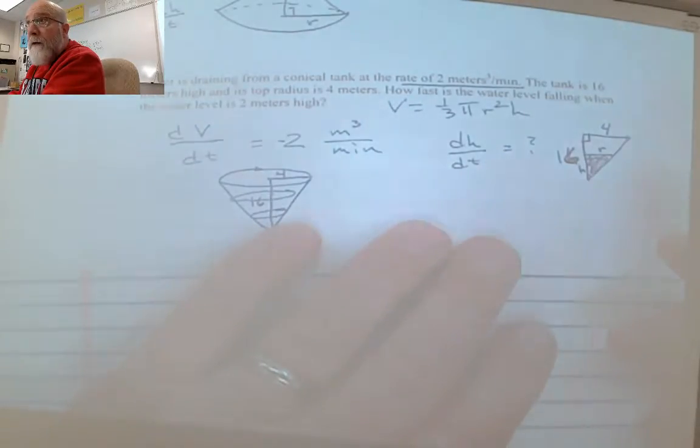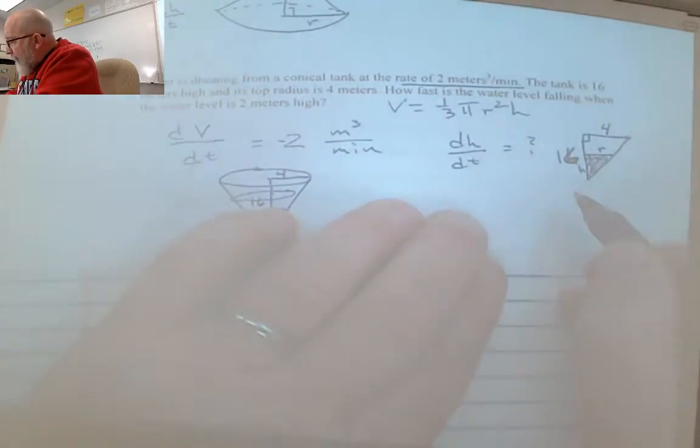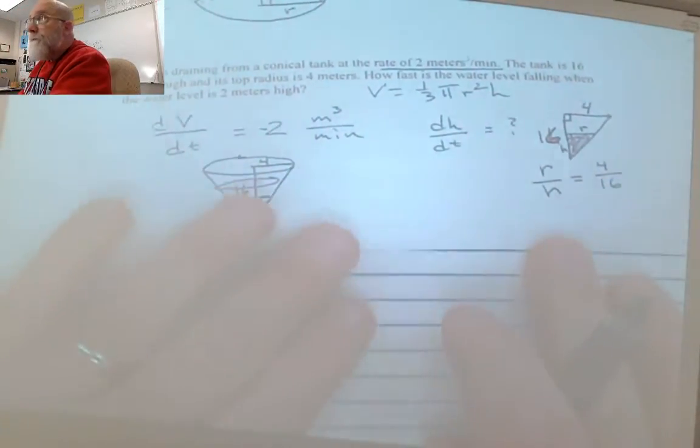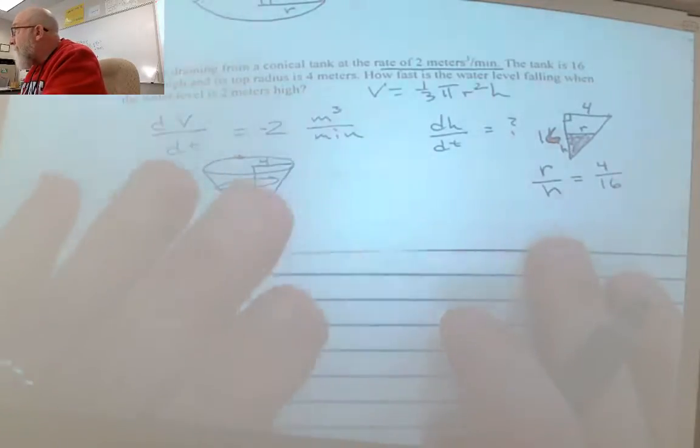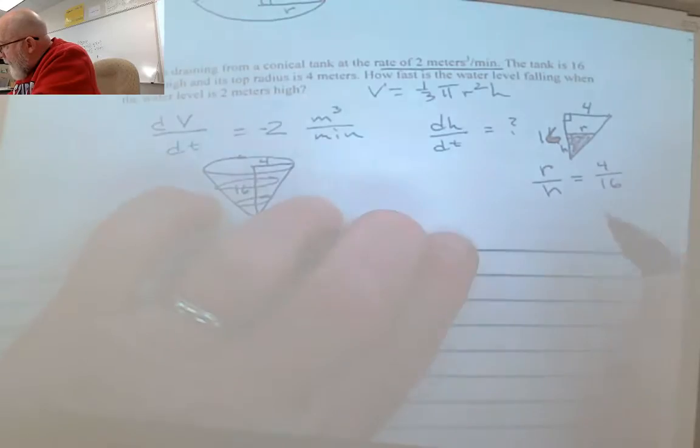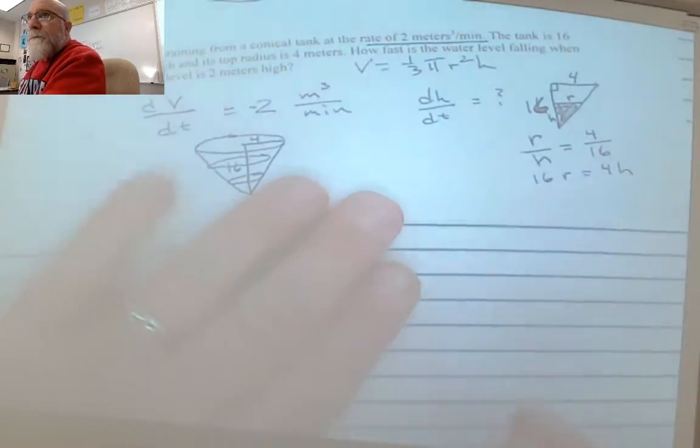Do you remember that? So that means radius to height of the small triangle has to be equal to 4/16 of the big triangle. Are you okay with that? That means 16R is equal to 4H. Are we okay with that algebra?